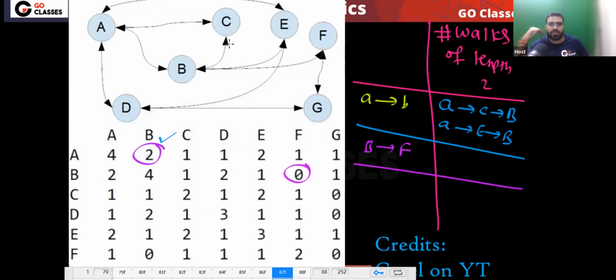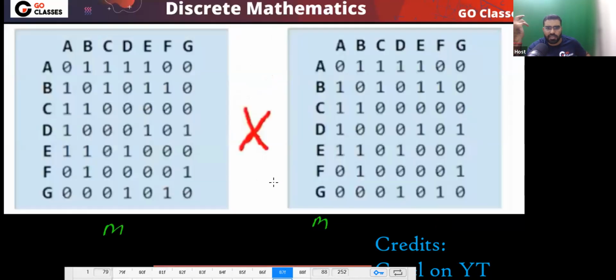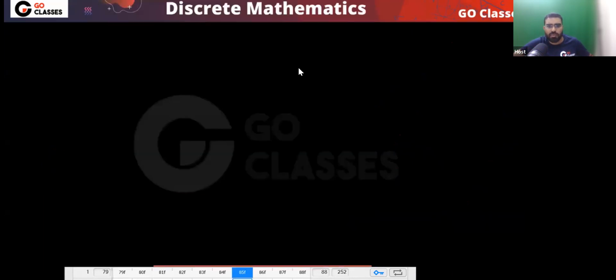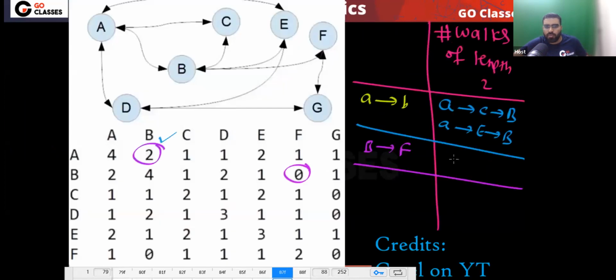Remember, there is a walk of length 1 from vertex B to vertex F. That is the reason you have 1 here. But there is no walk of length 2, so that is the reason you have this 0, because there are none.